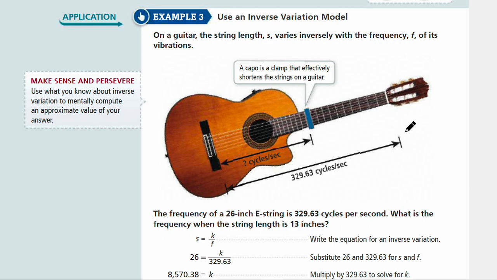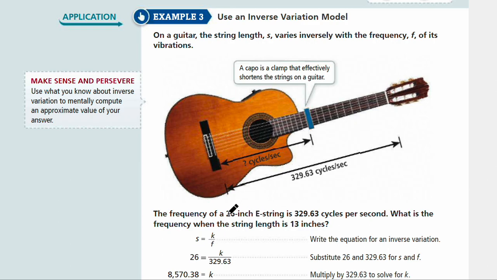So you can write the equation as s equals k over f, or f is equal to k over s, it doesn't matter, but they have an inverse variation. So using this, figure out the data that you know. 329.63 is the frequency, for 26 inches of length.